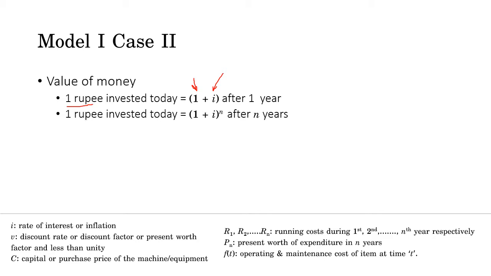Similarly, after n years, the value of 1 rupee will increase to (1 plus i) raised to n, because after 2 years it will be (1 plus i) squared, after 3 years it will be (1 plus i) cubed, and so on, and hence finally after n years it will become (1 plus i) raised to n.